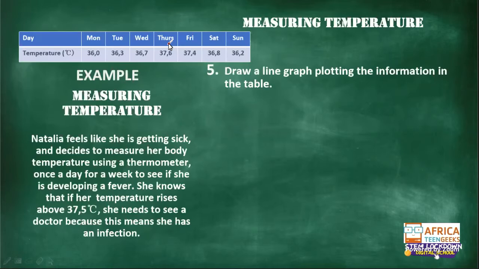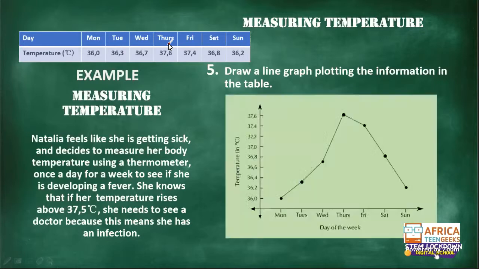Now part 5. Part 5 of our question says draw a line graph plotting the information. So what we have to do is draw our two axes, horizontal and vertical. On our horizontal, we place the day of the week: Monday, Tuesday, Wednesday, Thursday, Friday, Saturday, and Sunday.